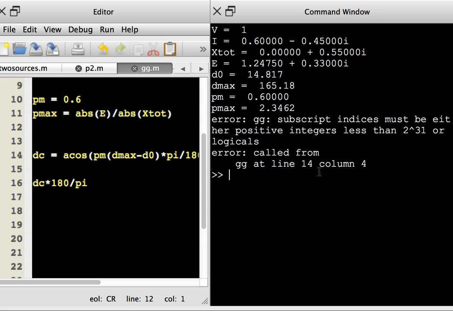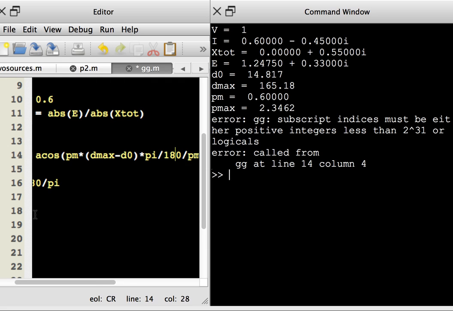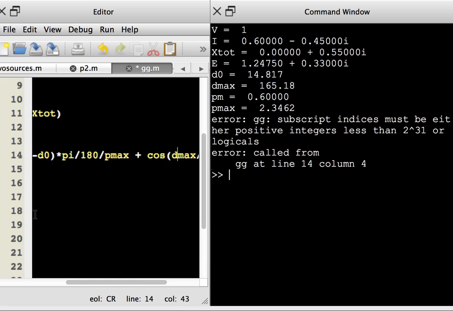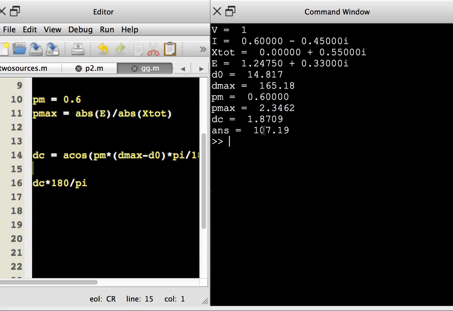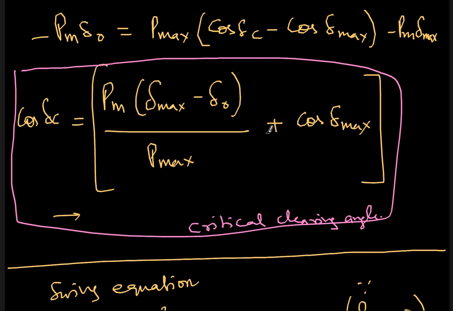There is an error at line 14. I just forgot to give the multiplication symbol after PM. Okay, let's run it. Here I am getting delta C as 1.87 radians, or 107 degrees.